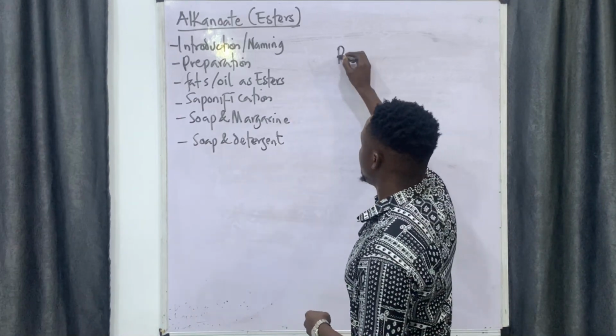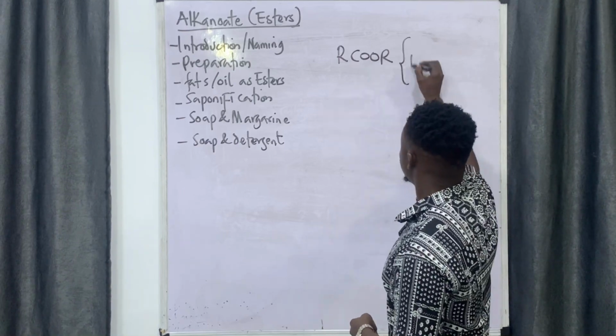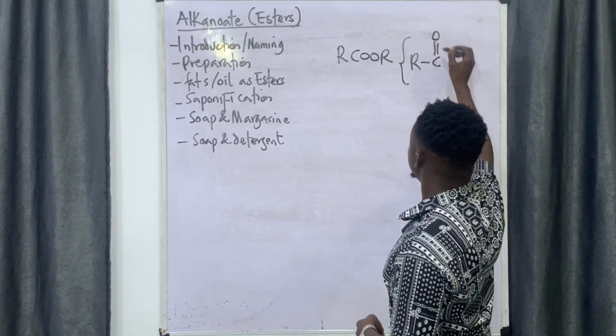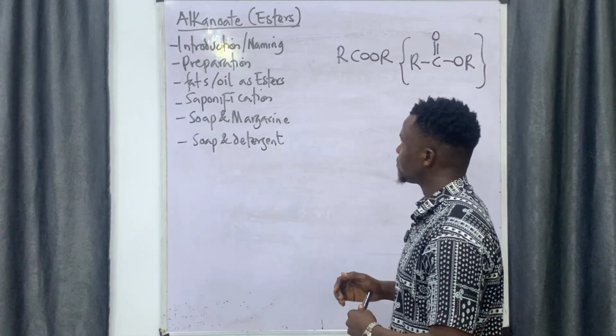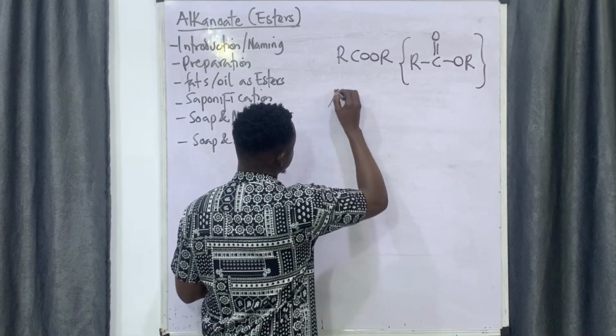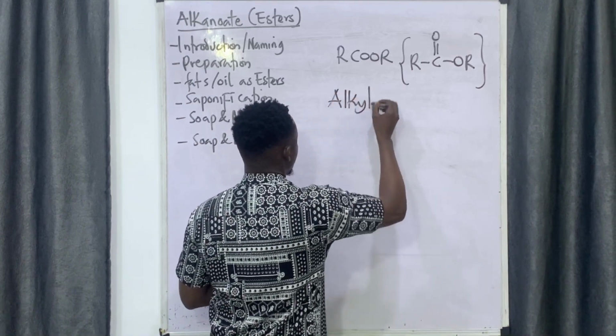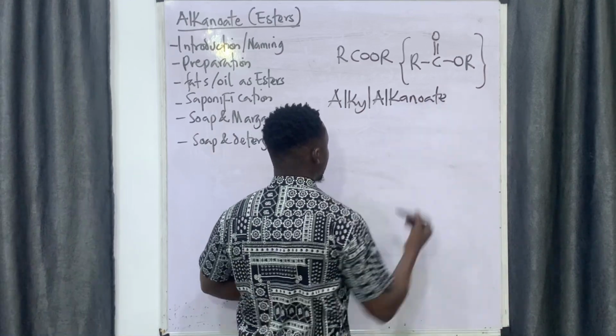They have a general formula of RCOOR. Now, this is esters, right? Now, how do we name them? They are named as alkyl alkanoates.